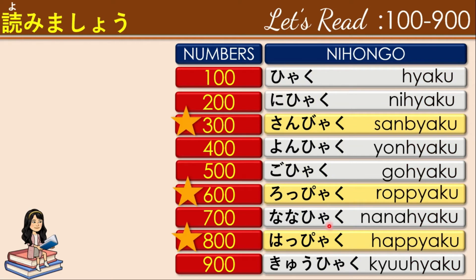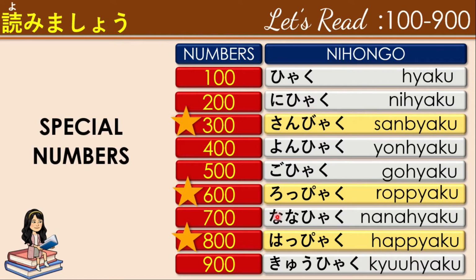Take note of this. We have 300, 600, and 800. For 300, instead of saying sanyaku, we will say sambyaku. Another special number is 600. Instead of saying rokuyaku, you will say ropyaku.